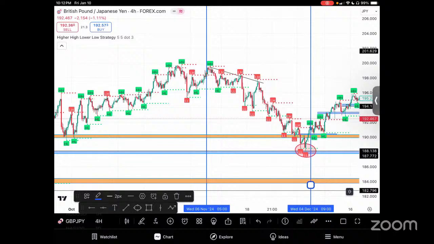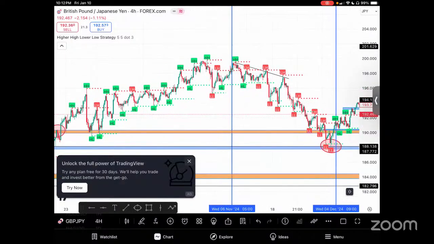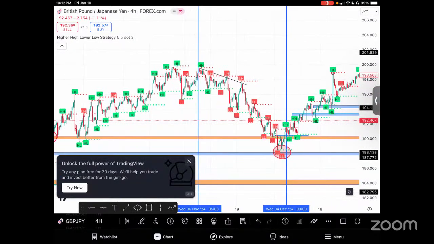Now, let me stop here for a second. Can you notice a pattern? If that pattern is an inverted head and shoulders, that is correct. This over here would be your left shoulder. The head dips below this zone, this orange zone.